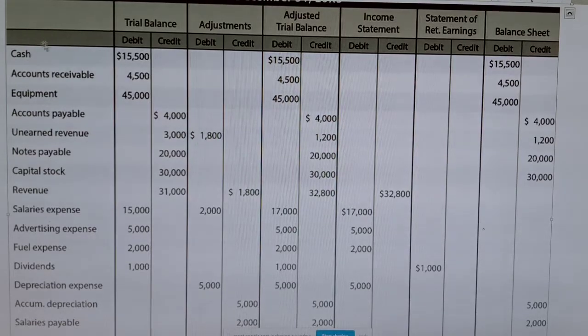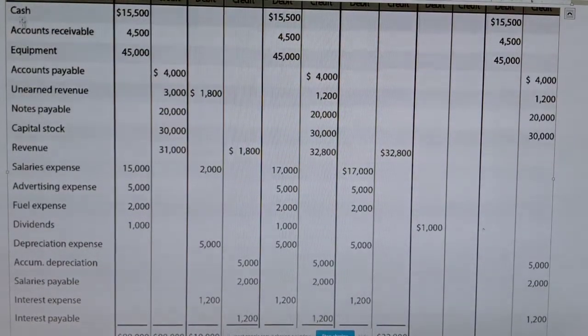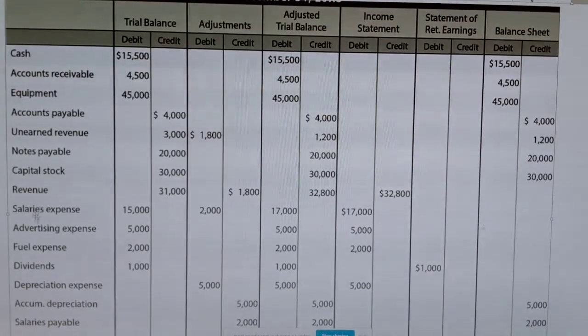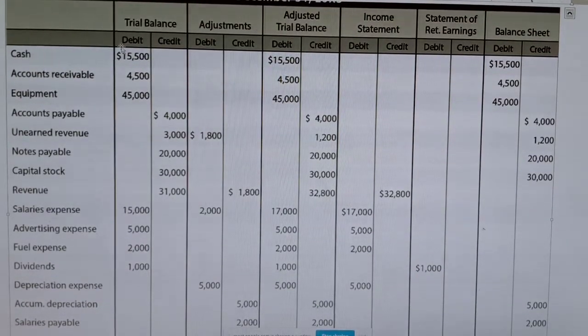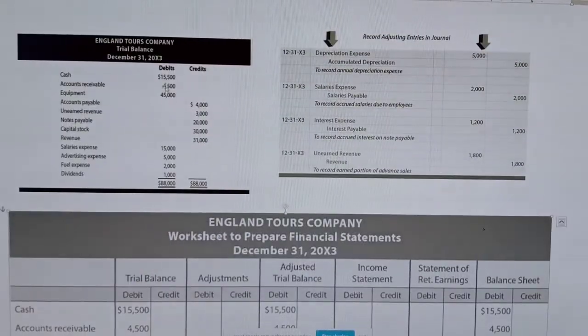Dito natin siya isusulat sa space para sa accounts. Okay? So, ayan, naisulat na. From cash to dividends. And then, under ng trial balance, debit and credit amount, ita-transfer din natin yung kanilang amount. Ayan, nandiyan lang po sa trial balance.